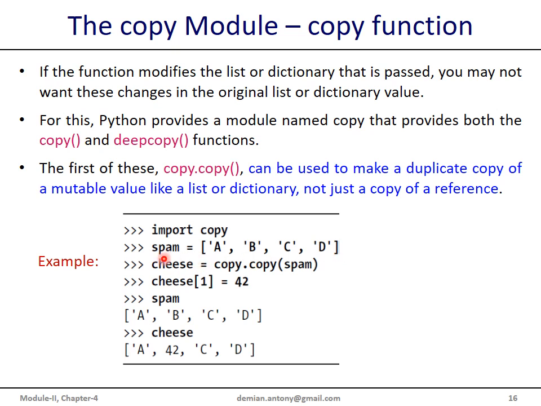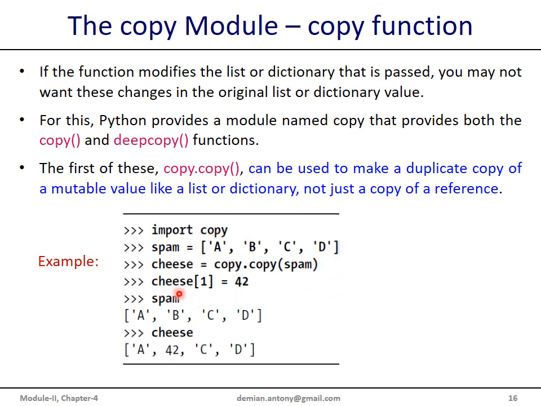To have a separate copy of this list, we have to use the copy module, and we have to call the function copy by passing the argument which is a list. This copy function of the copy module will return a new list called cheese, and this list is now a totally different list in memory, and cheese is not a reference to spam or to the list containing these 4 elements.